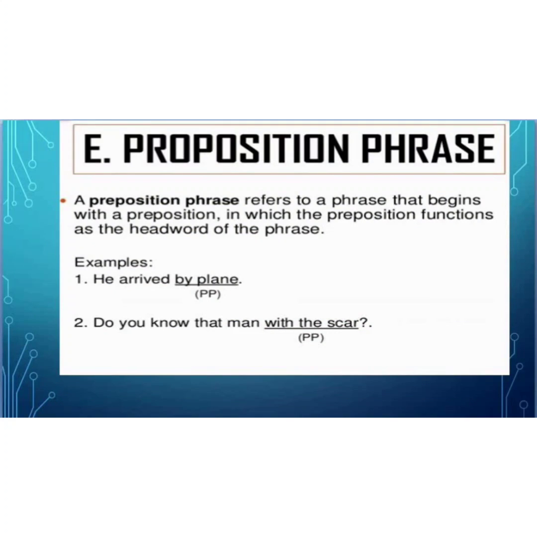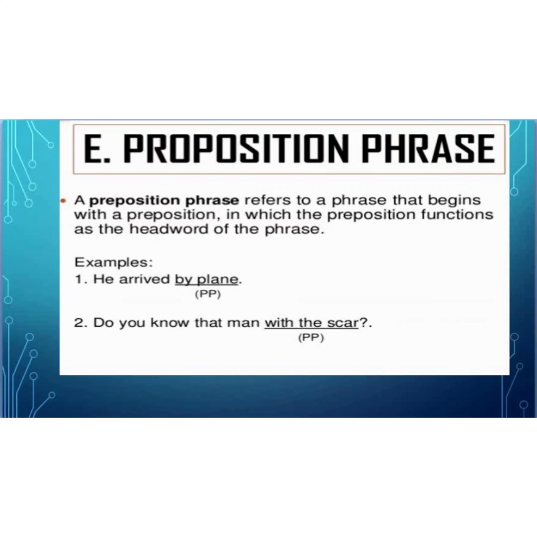Next is the prepositional phrase. A prepositional phrase refers to a medium, a source, a time, or a place. You can understand it with the help of this example. He arrived by plane. So the medium of arrival is "by plane."